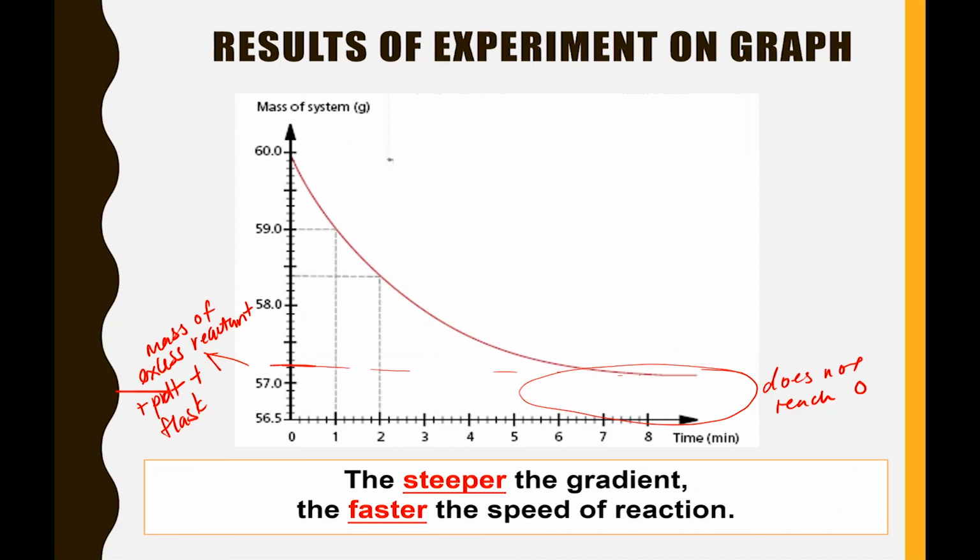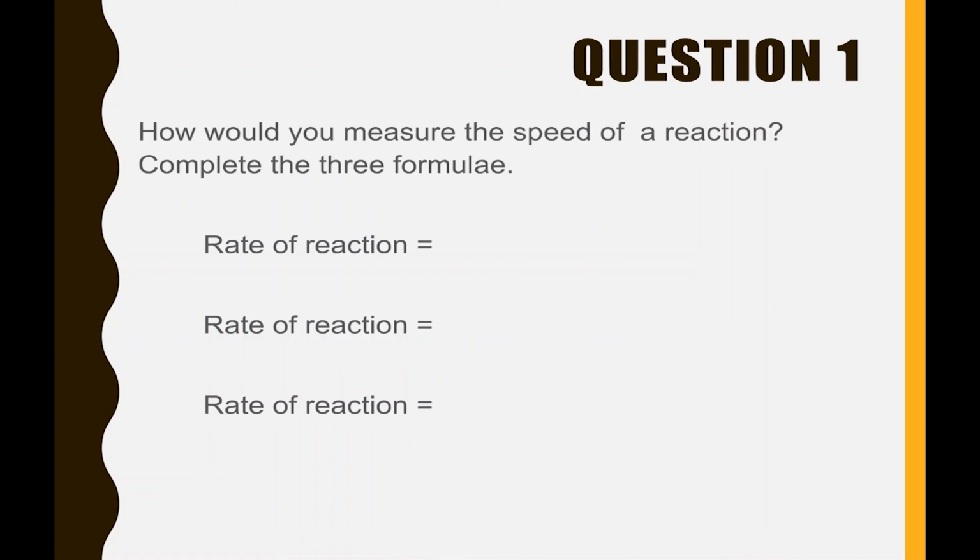Okay, so how would you measure the speed of a reaction? Try to complete the formula. Our first method is to measure the volume of gas produced over time taken. The second method is to measure the loss in mass over time taken.